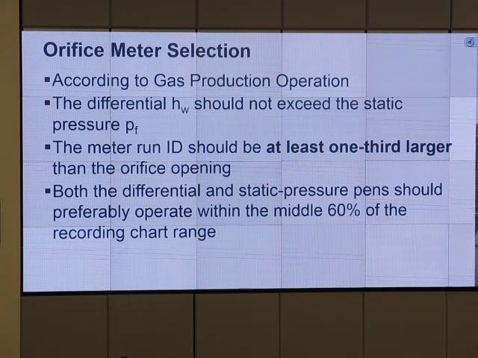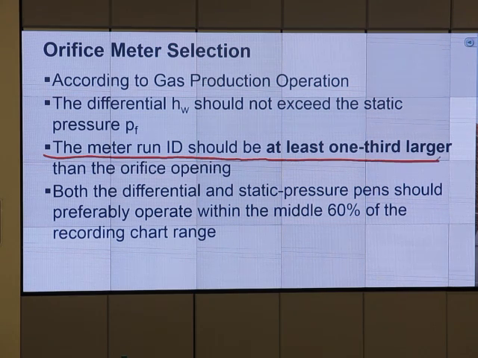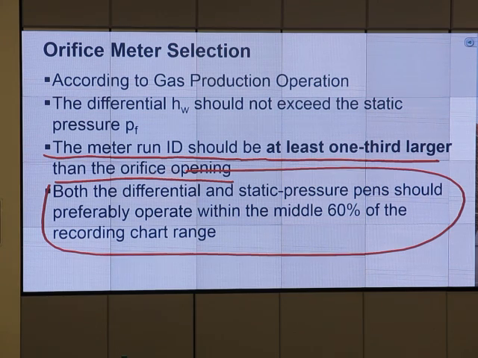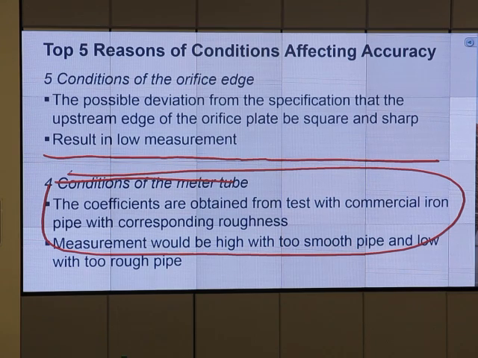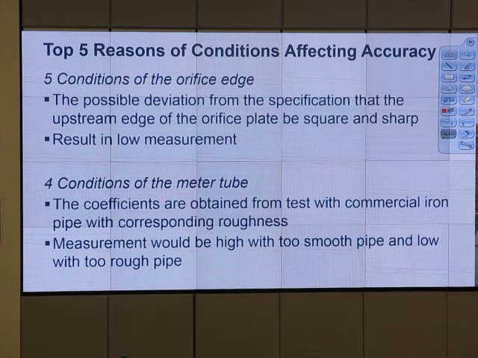The meter run ID should be at least 1/3 larger than the orifice opening. Do you want to memorize this one? Okay, go for it. Both the differential and static pressure pens should probably operate within the middle 60% of the recording chart. Let's memorize some reasons that impact the accuracy.